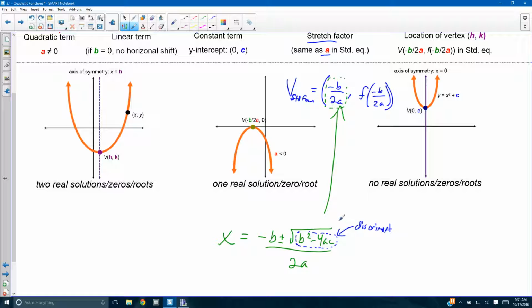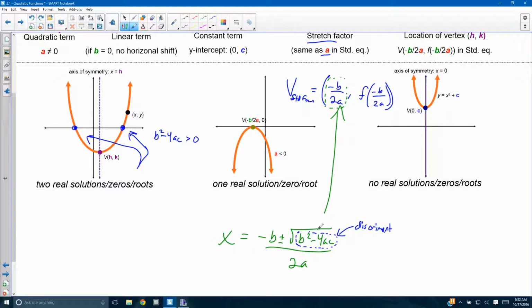However, if it's just any positive number, you also know you have 2 real solutions. By solutions, I mean x-intercepts, by the way. This is an example where you have 2 real solutions, 2 real zeros, because your discriminant is positive.